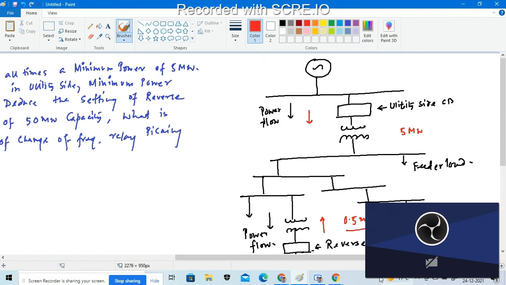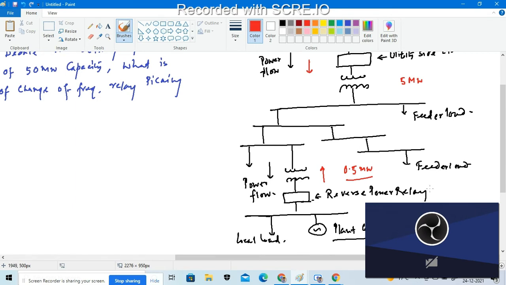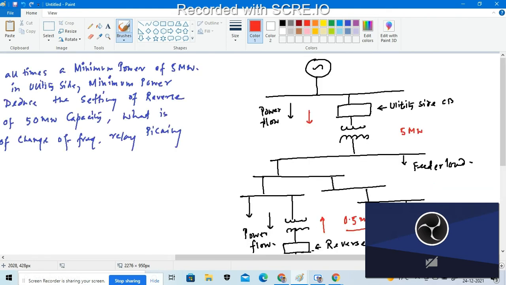Okay, so what will it be after changing the setting of the reverse power relay?